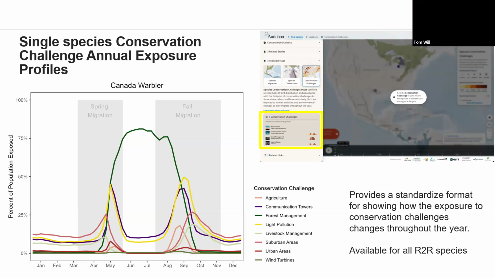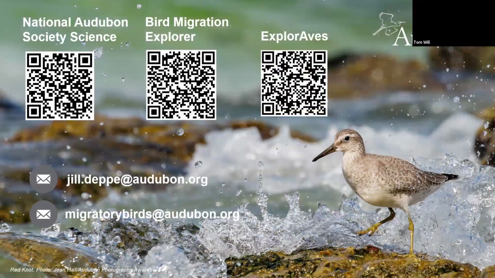Here we see forest management, with exposure greatest on the grading down. All of these data are already available. We have them for all the R2R species, the tipping point, red, orange, and yellow lists, and beyond that it's about 450. Those are readily available. So, QR codes, and I'm happy to talk to anybody afterwards.